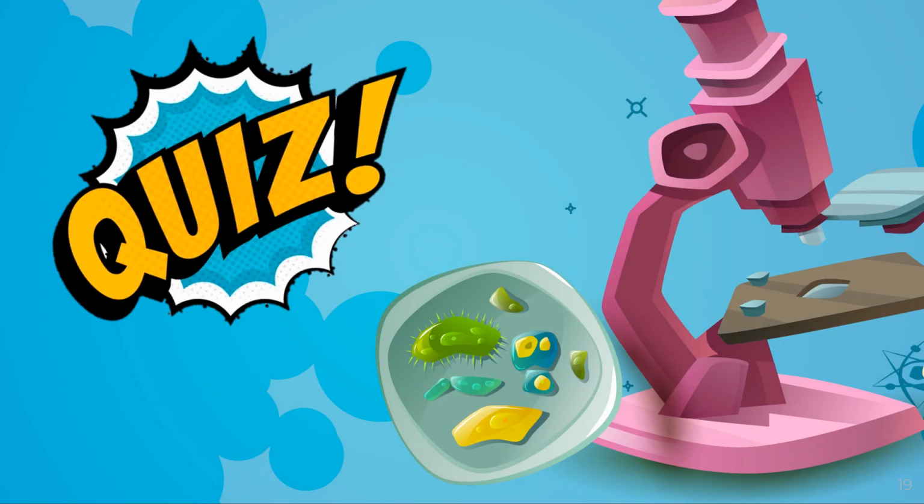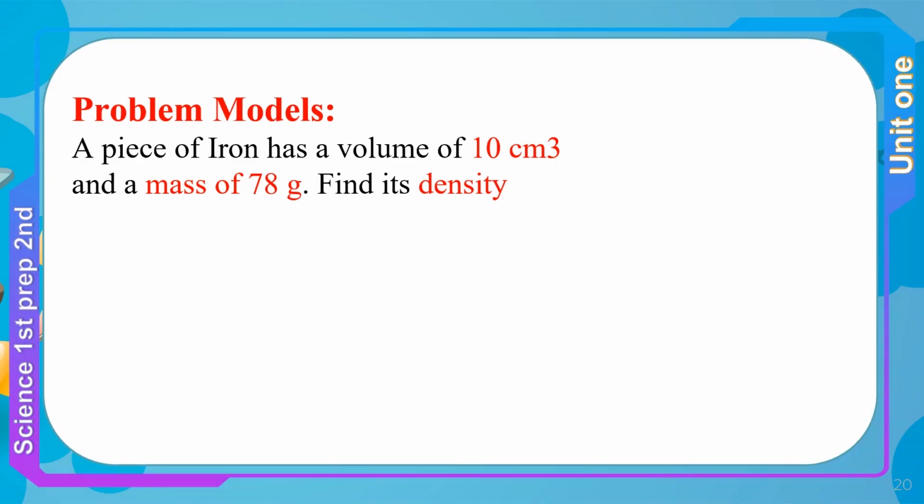Okay, time for a quiz. It's so easy. Problem: a piece of iron has a volume of 10 cubic centimeters and a mass of 78 grams. Find its density.